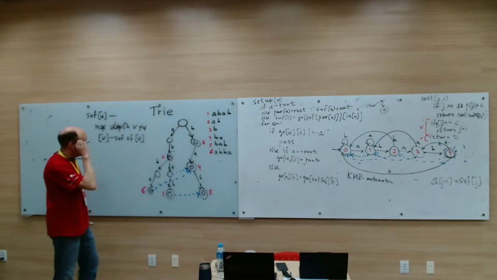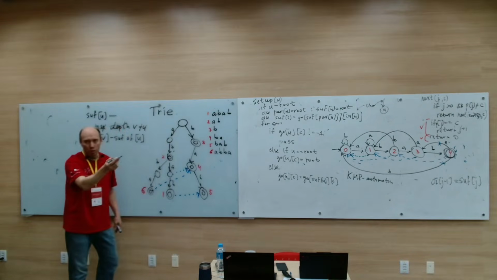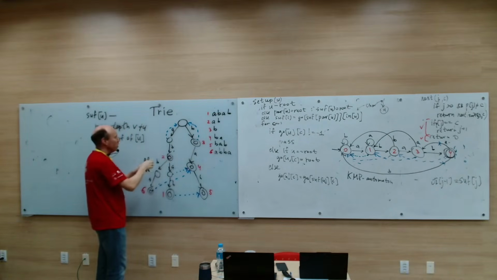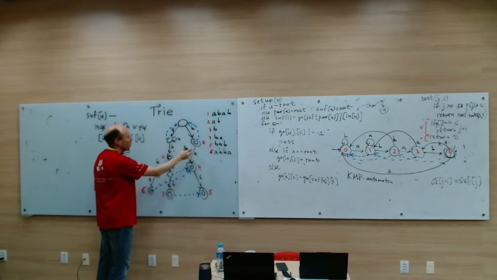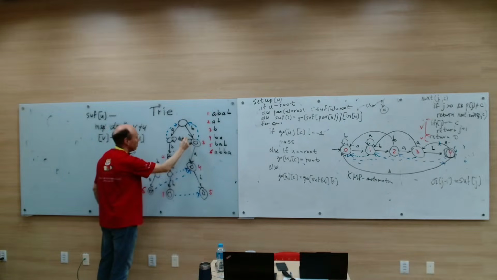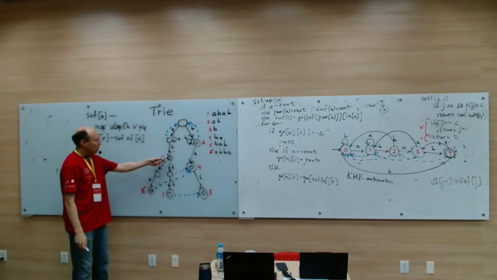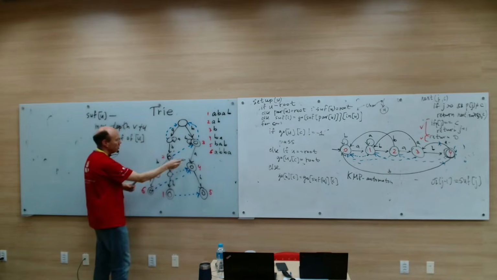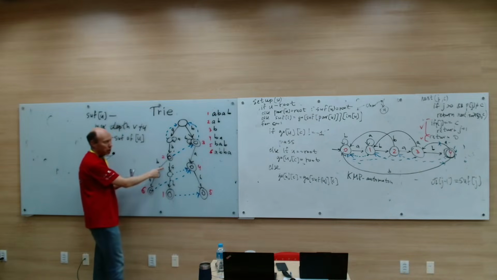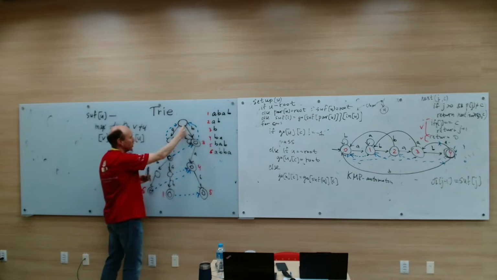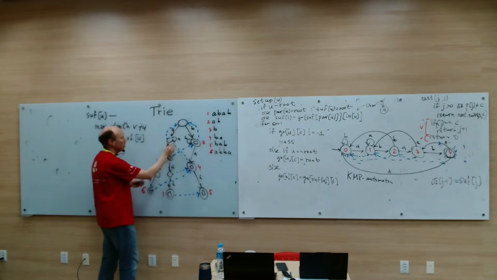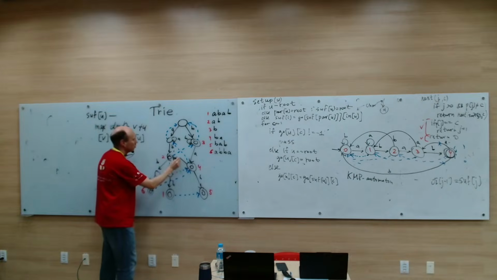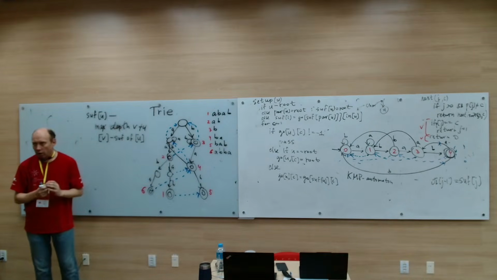So, for the root, no suffix. For the children of the root, suffix goes there. B exists, A, suffix next to A. So A exists, will be suffix link and B. Here, suffix link plus B. Here, and A and B both exist. Here, suffix link of the parent and A, suffix link goes here. B exists, A, here, and A. And so on.